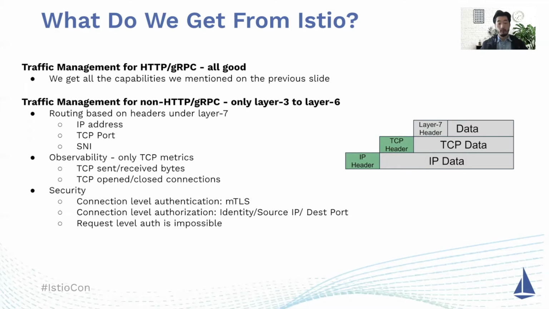And we can only get TCP level metrics such as TCP sent and received bytes, or opened and closed connections. In terms of security, we can do connection level authentication and authorization, but request level authentication is impossible. In other words, we still need to handle these common concerns, request routing, observability, and security, in the application code, because the mesh still can't understand and operate at layer 7 for those protocols.